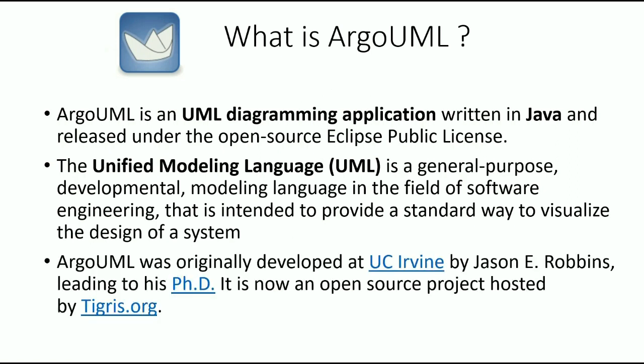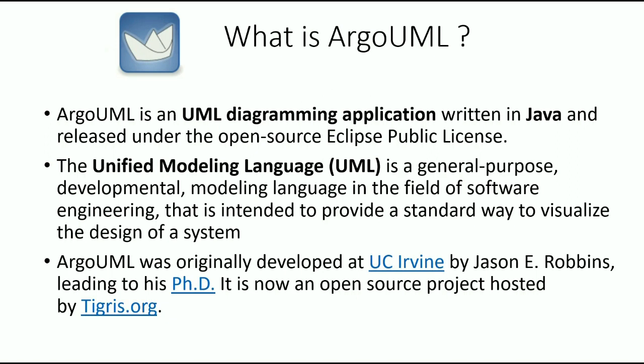This ArgoUML was originally developed at UC Irvine by Jason E. Robbins, and during his PhD he created the open source project, which is available on tigris.org right now.